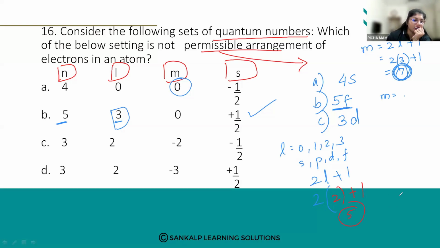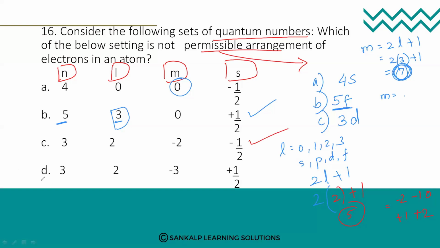When l is equal to 2, it is minus 2, minus 1, 0, plus 1 and plus 2. So here, which is the possible arrangement? So this is also correct, option C is also correct.